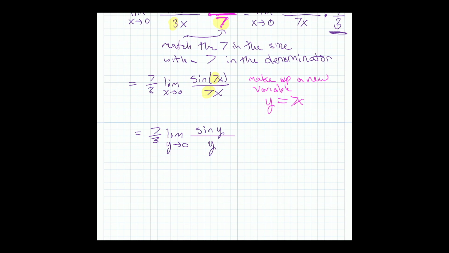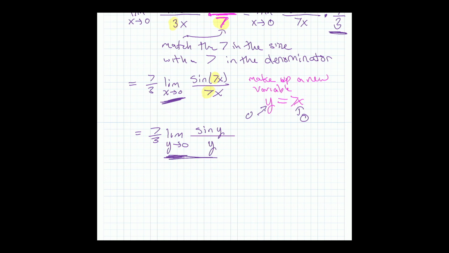Now, the reason I can just say y goes to 0 here is because x was going to 0. But if x goes to 0, wouldn't y also have to go to 0? Because y is 7x, and 7 times 0 is 0. So you can just replace all of the 7x's with y's, and you get this.